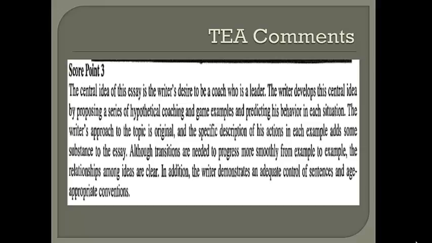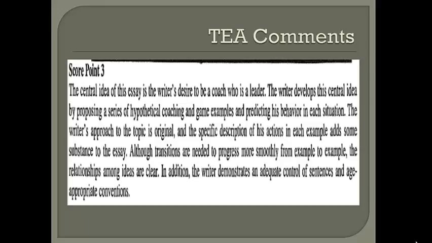Although transitions are needed to progress more smoothly from one example to the next, the relationships among ideas are clear. In addition, the writer demonstrates an adequate control of sentences and age-appropriate conventions. They like transitions, but they like transitional phrases, prepositional phrases. They like to have those complex sentences.